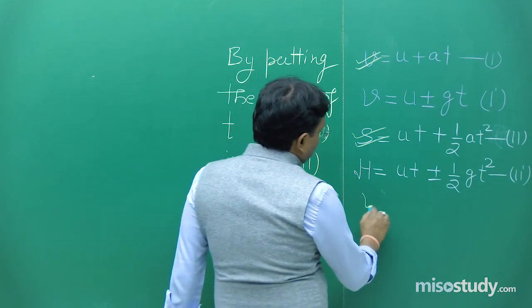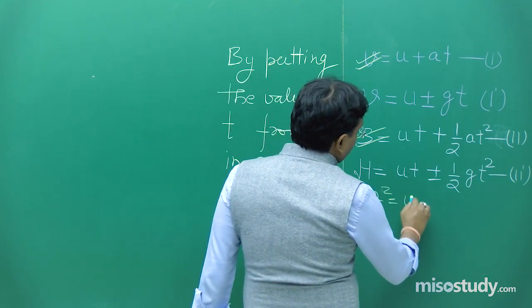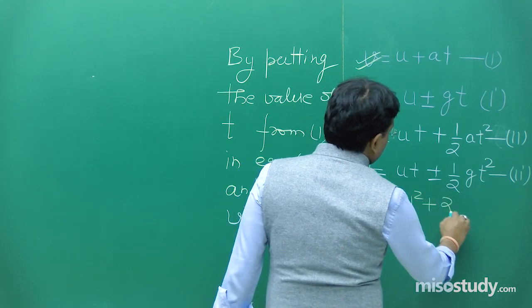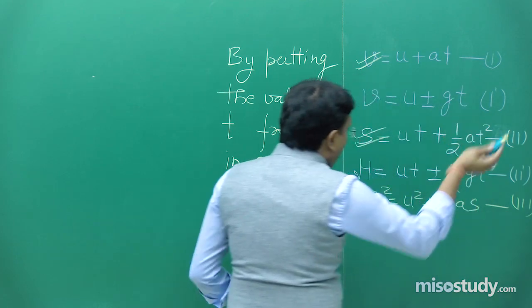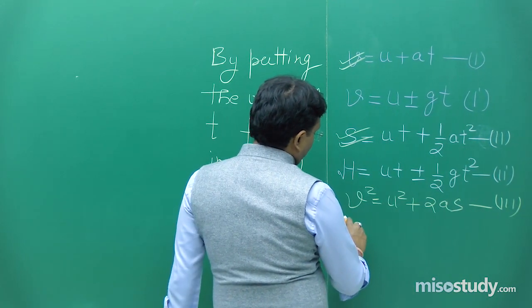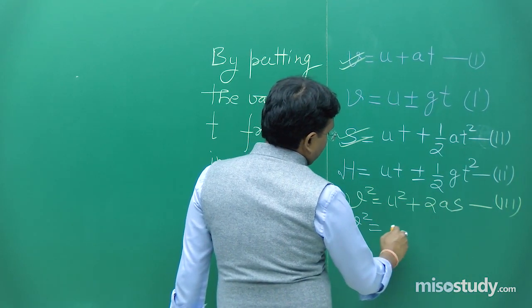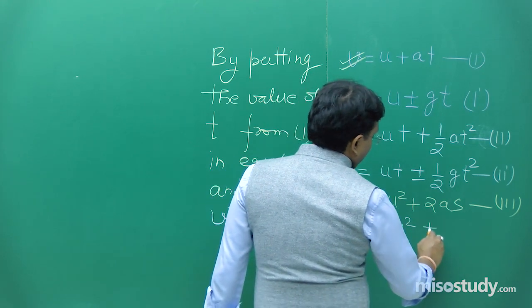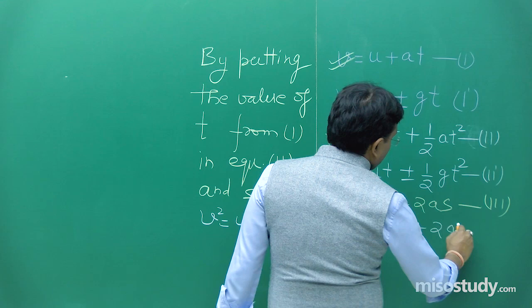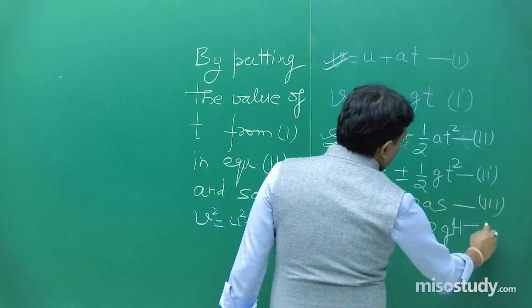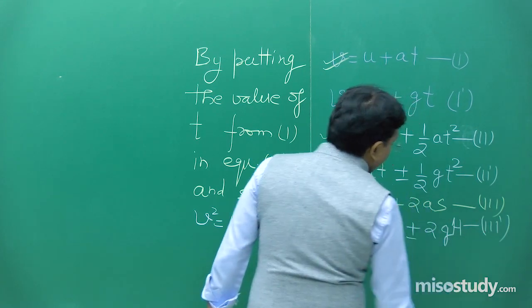So, it is v square is equal to u square plus twice as, equation number 3, or you can say v square is equal to u square plus minus twice g h, that is equation number 3 prime.